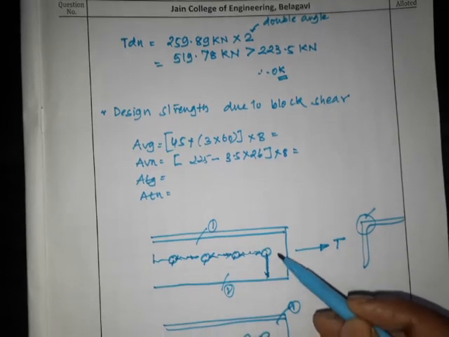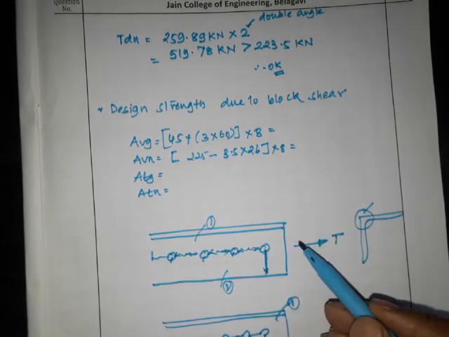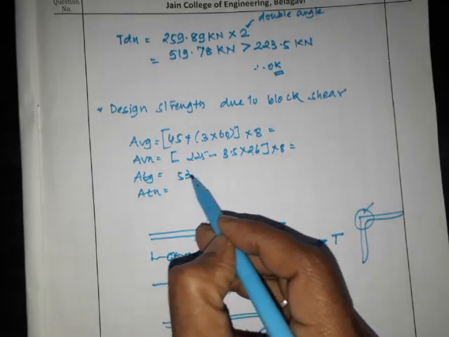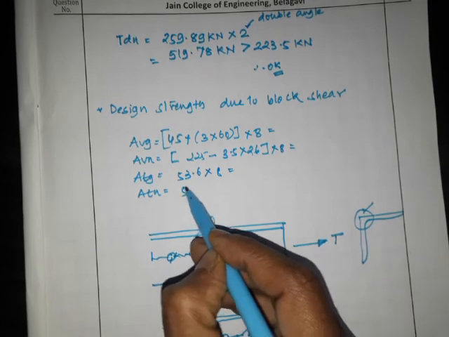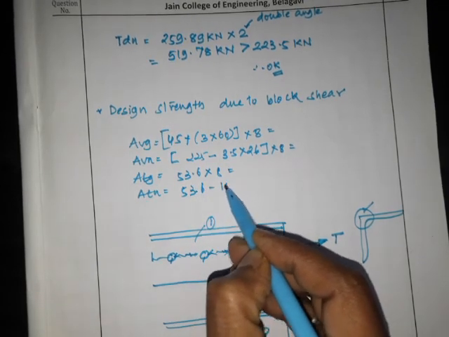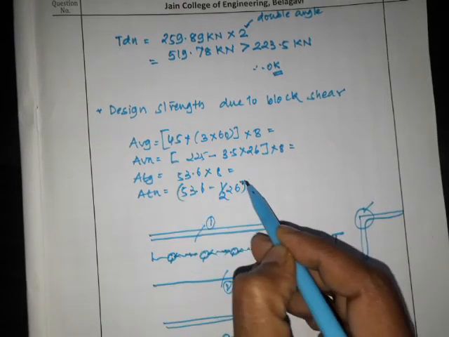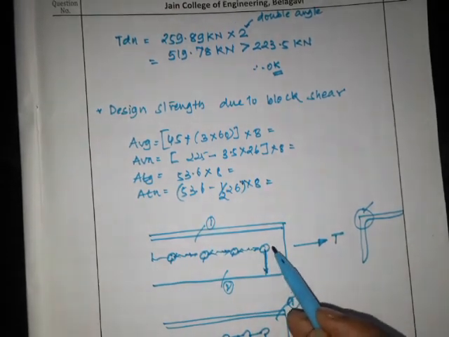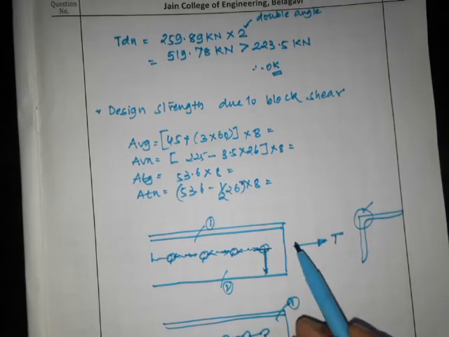Now we have to consider this vertical path. This distance is 53.6, from the steel table. I told you we get this. Then here, 53.6 minus half of 26, into 8. So this is 53.6 minus half of this diameter, that is 26 by 2, into 8.